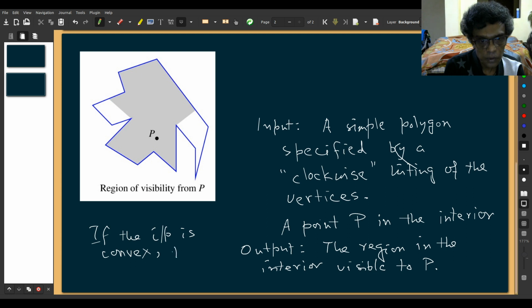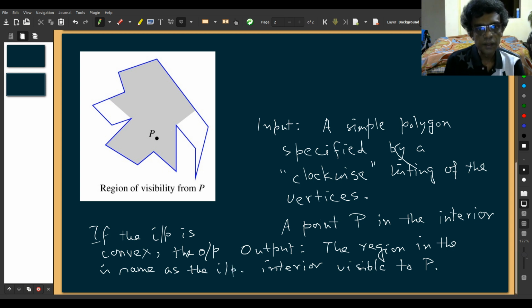So the output is same as the input. Therefore, we will typically assume that the input polygon is simple but not convex, something like this.